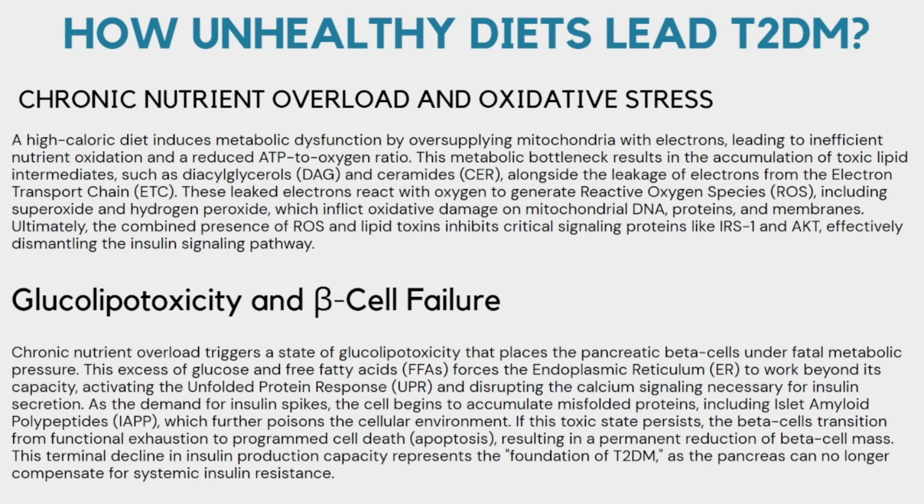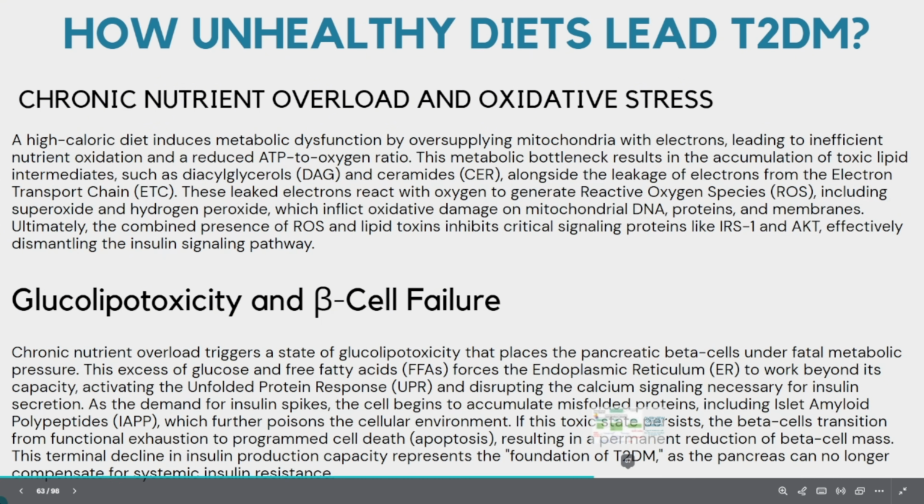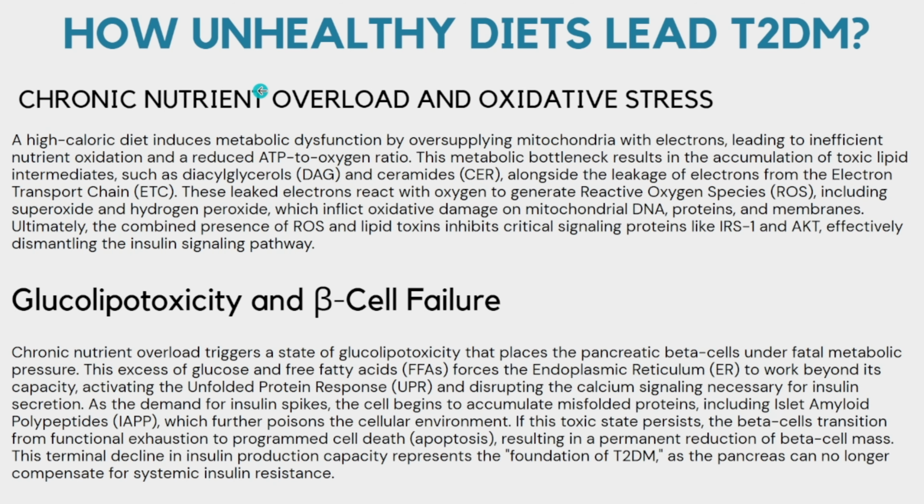When you eat a high calorie diet, you already increase your blood glucose level in a very short time, so your mitochondria are flooded with an excessive supply of electrons from the oxidation of these nutrients. This bottleneck results in the accumulation of toxic lipid intermediates such as DAG and ceramide, as I mentioned before.